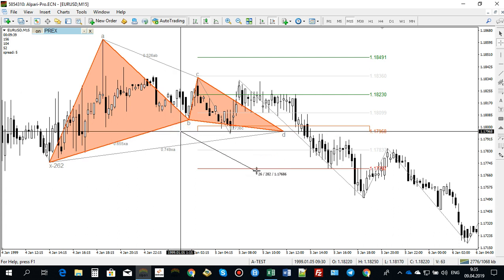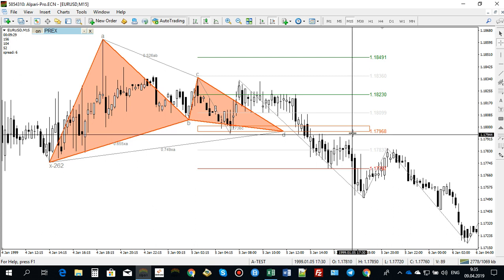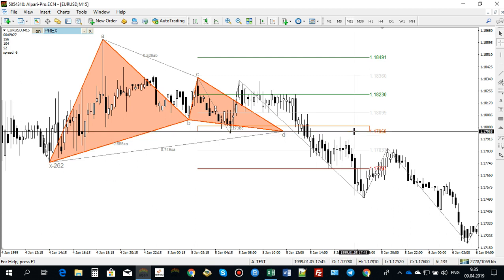So if you calculate from here to here, you have 26 something, and from here to here you have 26 something. It should be 26.2, ideally. Yes, 26.2.